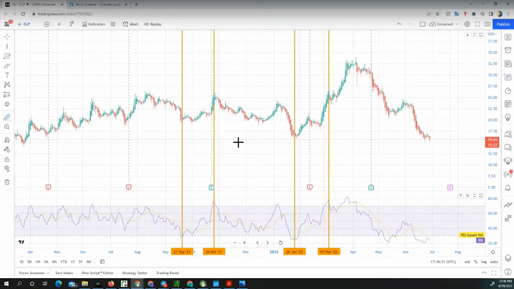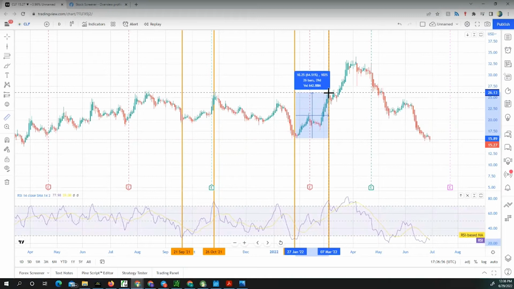So let's see how far it had gone with this movement. This would have done 64% in 39 days. So as you can see, just using RSI can give you a good return on your investment.